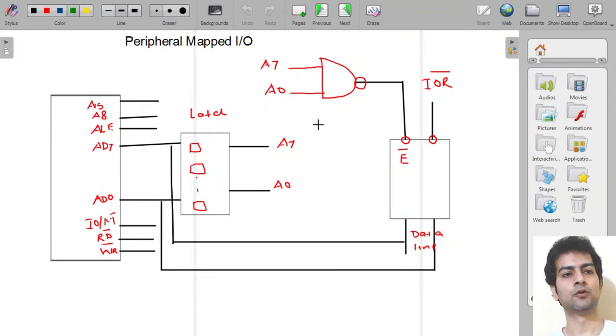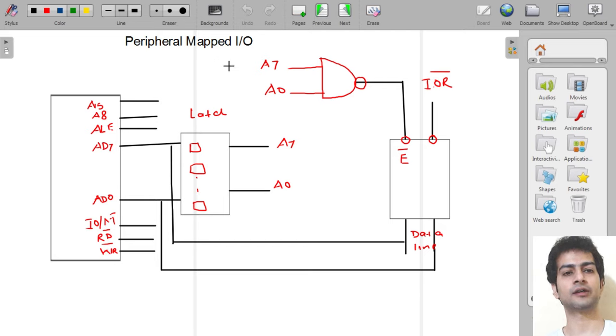Now we will look into another important concept, and that is peripheral mapped input output and memory mapped input output. This topic is also a favorite topic for GATE and ESE exams, in which you will get many theory questions based on this topic. And the problem is most of the students don't even have knowledge of these topics, and if they are having knowledge, then they have half cooked knowledge.